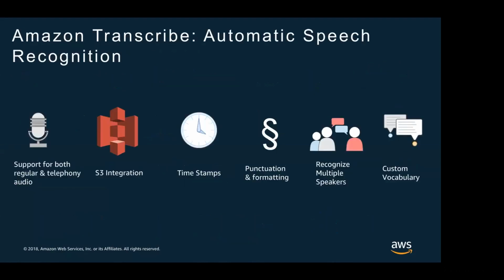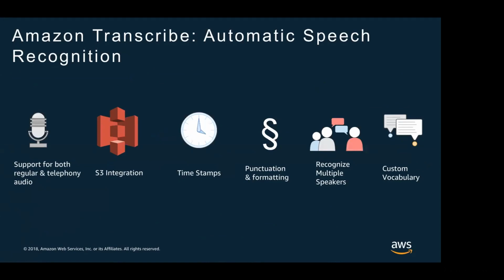Another topic about text is Transcribe. We have a service called Transcribe. Basically, it's the opposite way. You have voice, and then you produce text. And this is a really cool service because, given a voice, you put that into text, and then you can do many things like sentiment analysis.